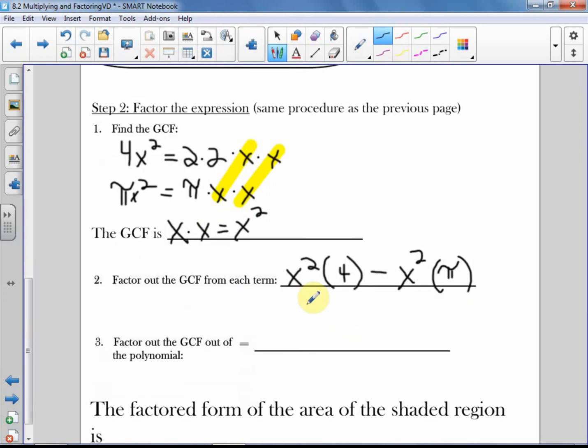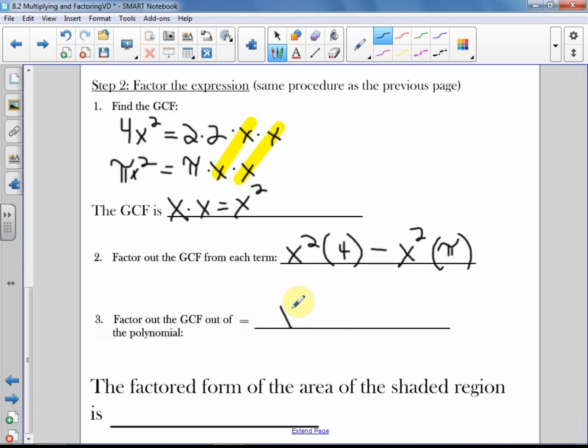Now I'm going to clean it up a bit, identifying my x squared being factored out, and I have a 4 minus pi left. So the factored form of the area of the shaded region is x squared times (4 minus pi).